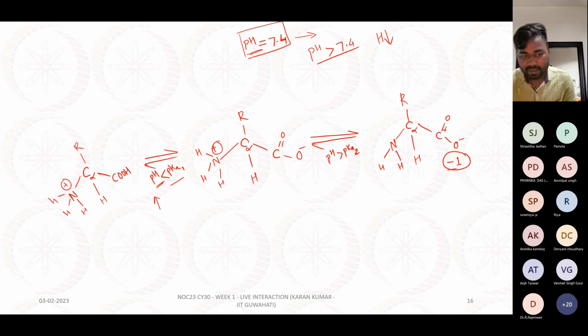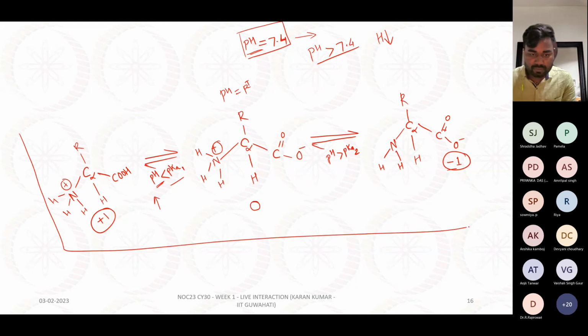So at pH lesser than the pKa1 value, it will exist in a positive charge, and at pH equal to pI, it will exist as a net charge 0, which is the zwitterionic form.